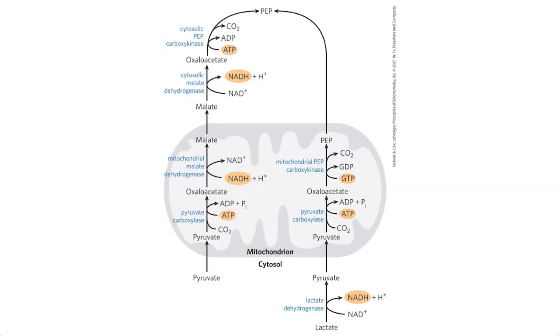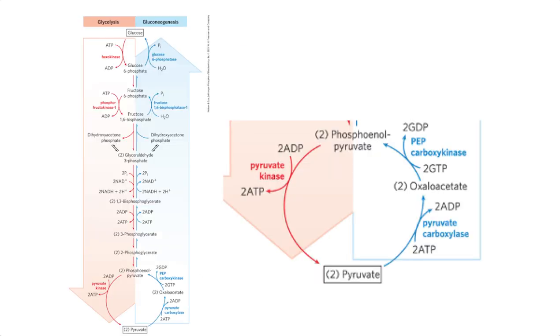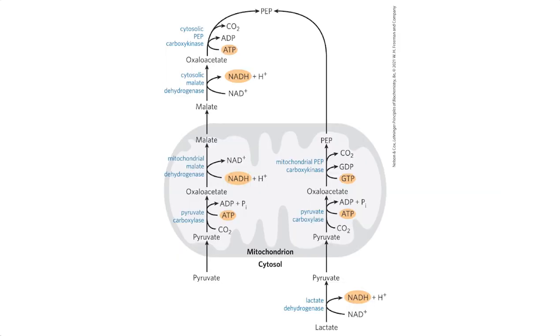Going back to when we talked about the different routes of gluconeogenesis, there were two routes in terms of which reaction you did in the mitochondria and what you did in the cytoplasm when it comes to those first steps of reversing glycolysis: pyruvate to oxaloacetate, and oxaloacetate to phosphoenolpyruvate, or going to malate, and then malate to oxaloacetate in the cytoplasm.